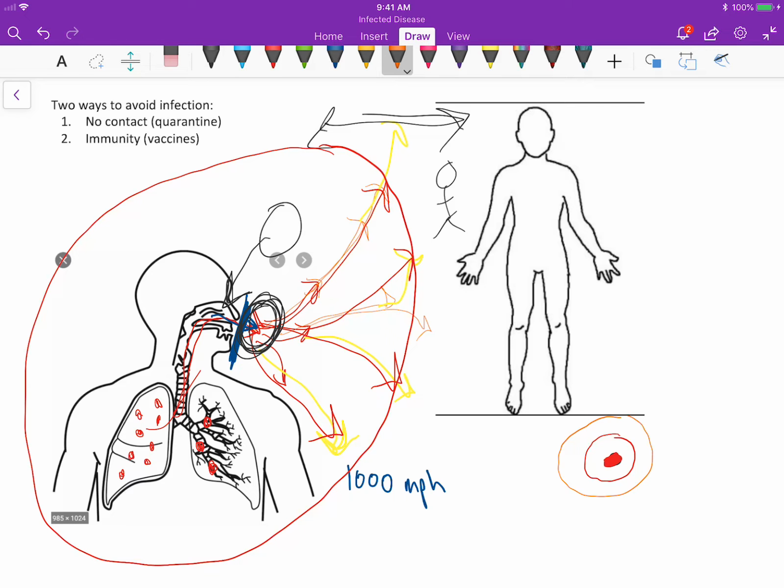So unfortunately, we don't actually know. And again, the yellow colors are representing less infectious as you get farther and farther away from this infected individual, and the closer you are, the more infectious you are.